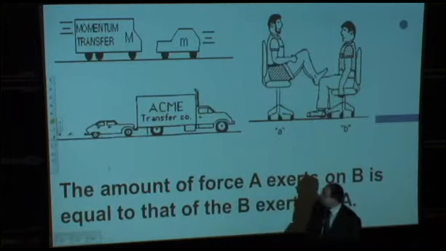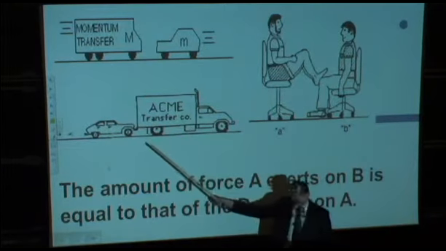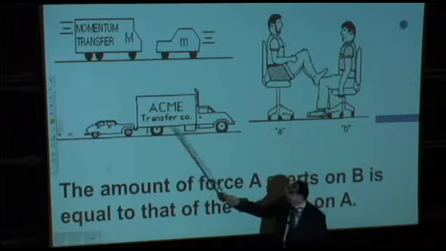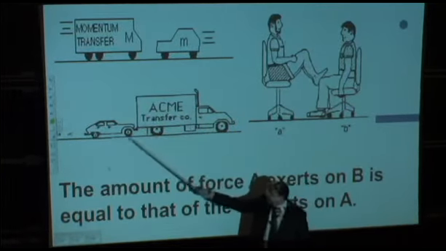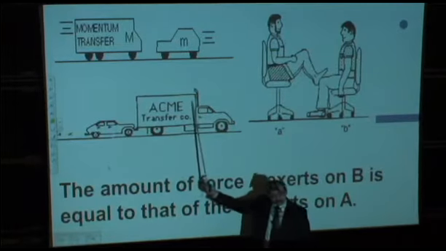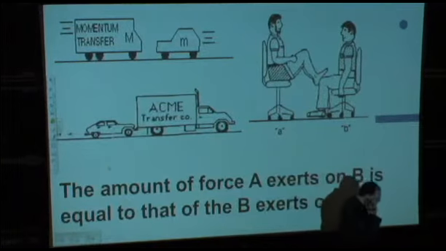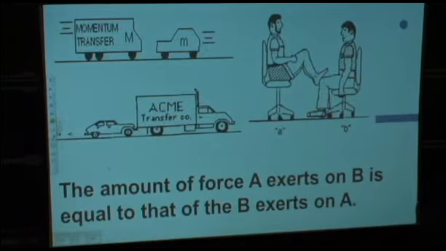In any situation, the amount of force, which is a word for the magnitude of the force, which one object exerts on another is equal to the amount of force which that object exerts back. The effect will be different, but the magnitude of the force is the same.